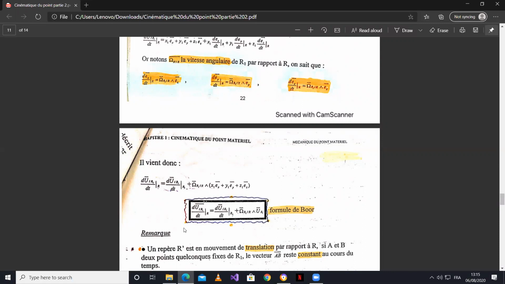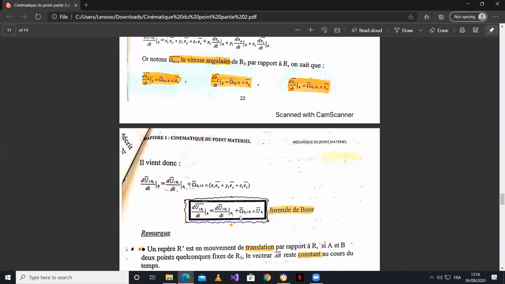So what you first do is you derive it directly in its own referential, then you include, remember I told you there's a certain special treatment you are supposed to do to show that it's in a foreign referential that I'm deriving this. So this second term, in the formula de Bour, is what we are using to show that I am deriving it in a foreign referential.